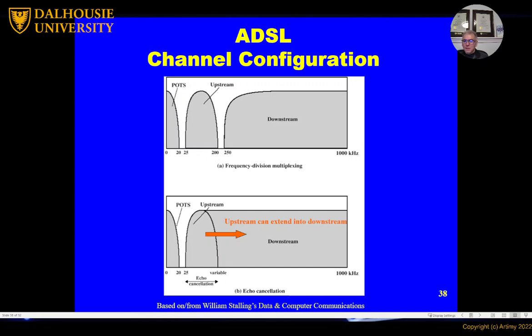You don't need to understand more than that in this case, but that actually has an advantage of making the upstream go higher. So if I need more bandwidth, I can take more bandwidth for the upstream instead of being limited to just a certain bandwidth, which means we're limited to a specific bit rate.